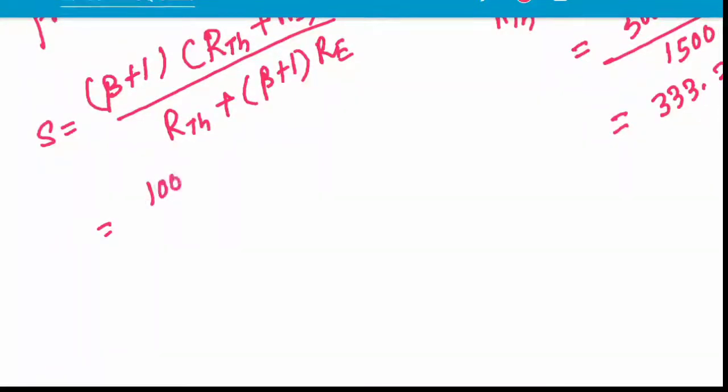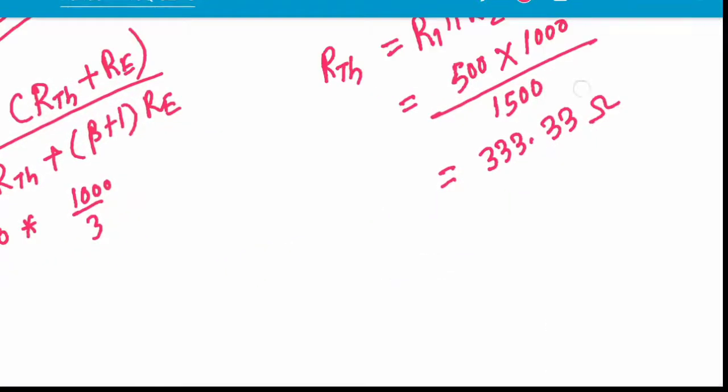I am writing directly 1000 by 3, that means 333.33.